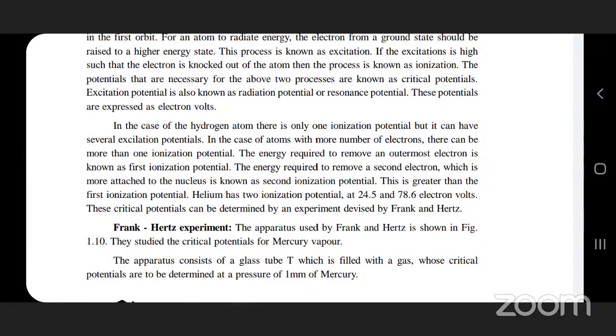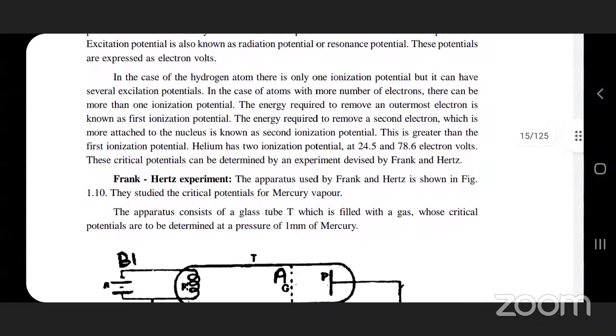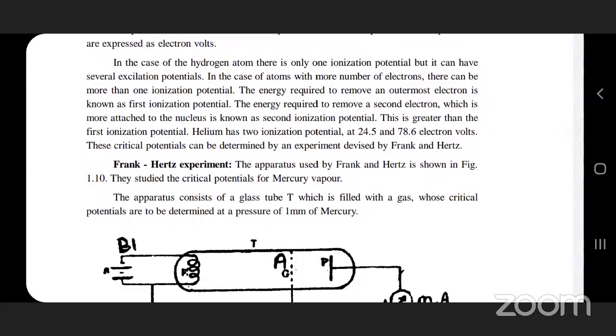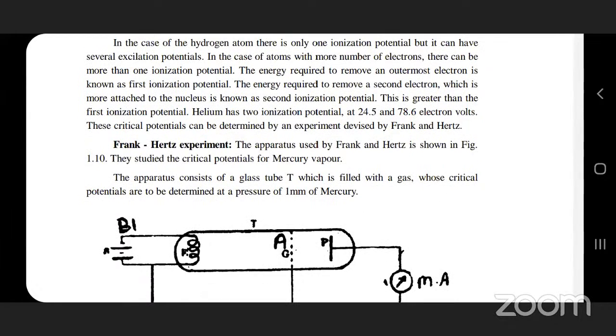The excitation potential is also known as the radiation potential or resonance potential, and these potentials are expressed in electron volts. For a hydrogen atom there is only one ionization potential, though it can have several excitation potentials. In the case of atoms with more electrons, there can be more than one ionization potential. That is to be observed.